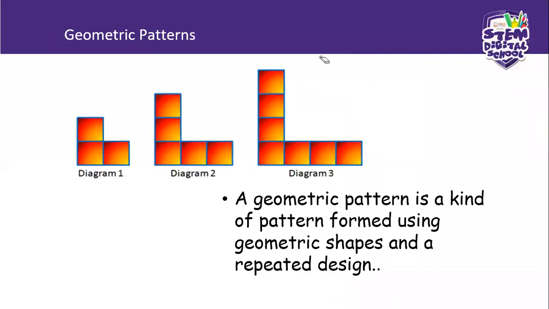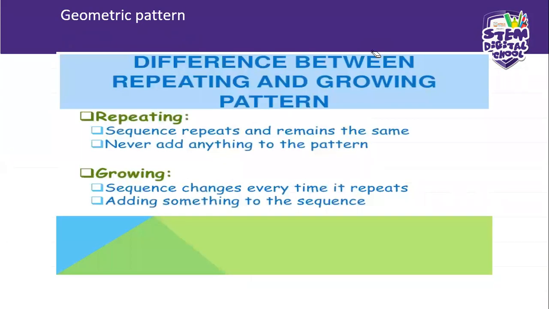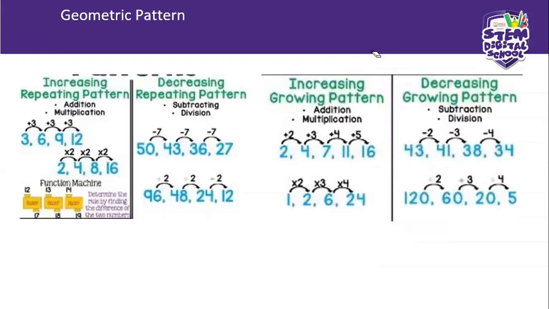So when we're looking at geometric patterns, we said a pattern is formed by using geometric shapes, and that a pattern is something that keeps on repeating itself as you go along. Then we spoke about repeating and growing patterns, that some patterns repeat, some patterns grow. Then we spoke about increasing repeating patterns, decreasing repeating patterns, increasing growing patterns, and decreasing growing patterns.